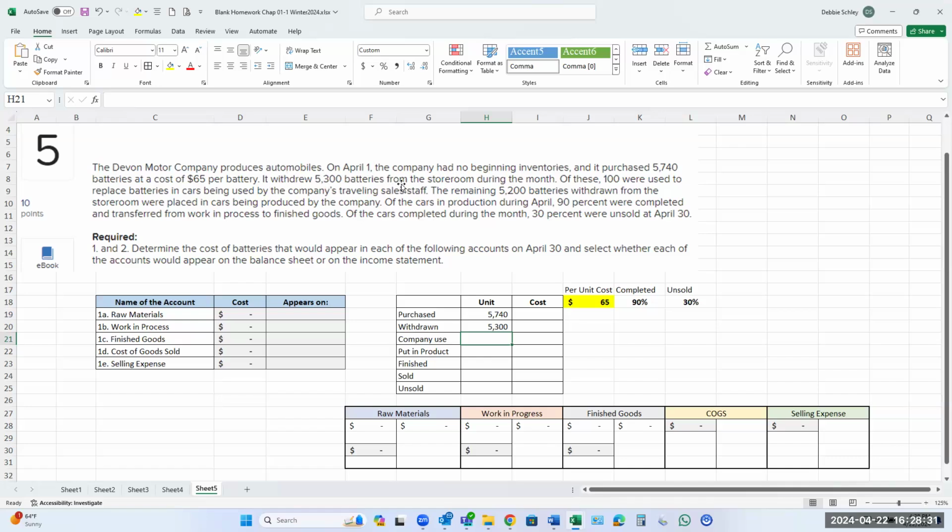So it withdrew 5,300 batteries from the storeroom. Of these, 100 were used to replace batteries in cars being used by the company's traveling sales staff. So that's the only clue that you're going to get, that those 100 batteries are going to be part of your selling expense. So I'm going to put that right there.